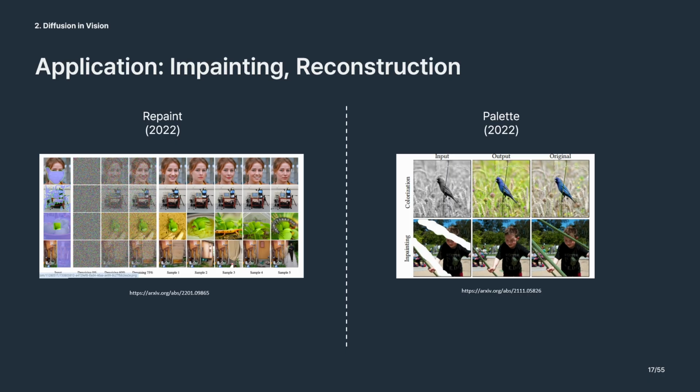On the right is Palette, which tackles tasks like colorization and inpainting. Given a grayscale or occluded input, it reconstructs highly realistic outputs that closely match the original, both in color and structure. These examples show how diffusion models can learn strong priors over natural images, allowing them to reconstruct semantically consistent results even under heavy corruption.